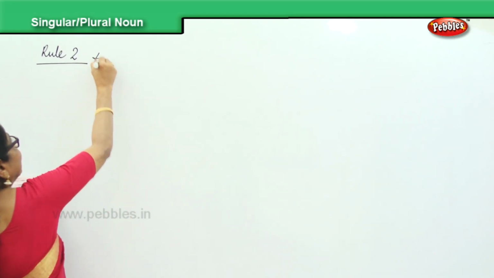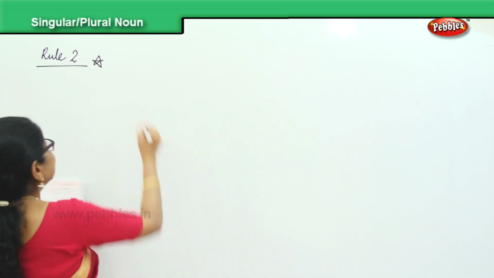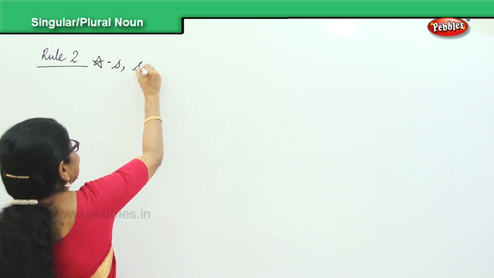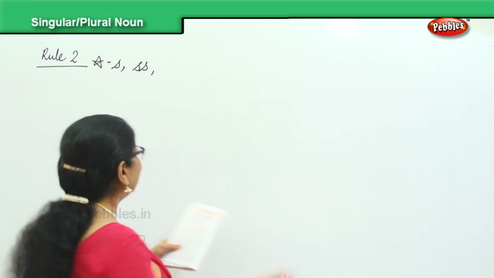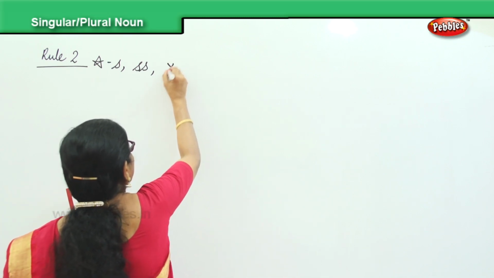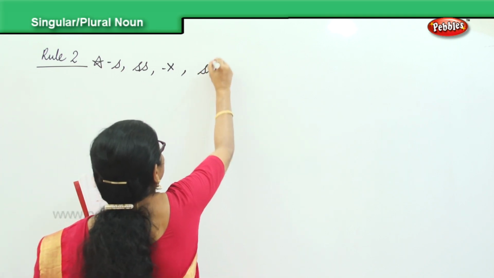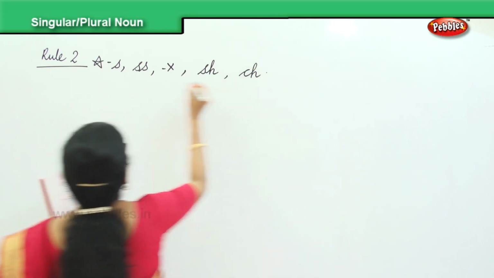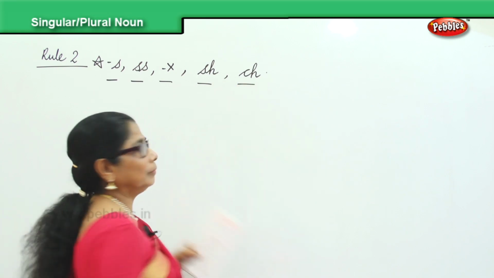What does rule number 2 say? Nouns ending in s, ss. So single s, double s, next x and sh and ch. So we have 1, 2, 3, 4, 5.